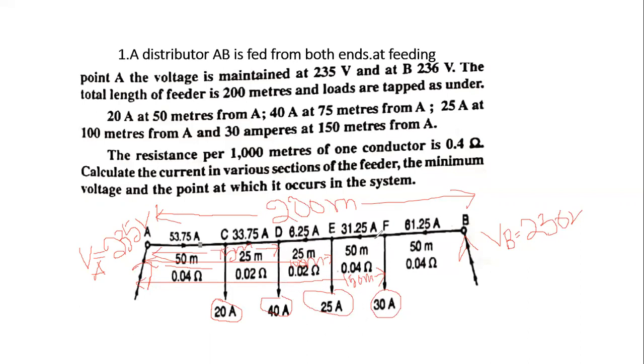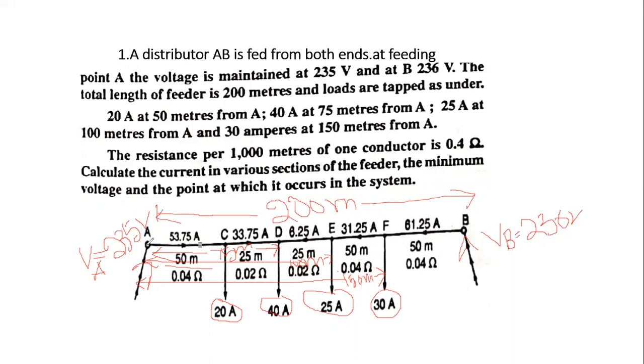First of all, this is 50 meters, and this is 75 minus 50, which is 25 meters. Next, 100 minus 75, 25 meters. Next, 150 minus 100, 50 meters. The total length up to F is 150 meters.